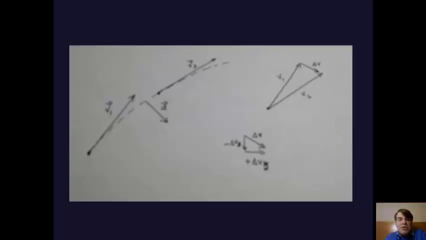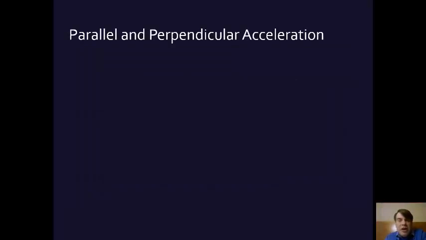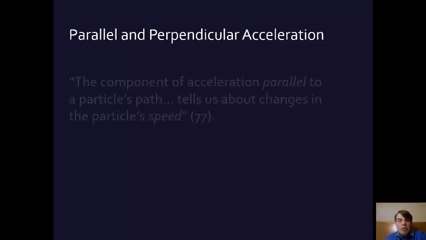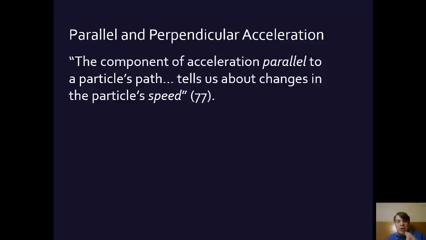So let's talk about the components of acceleration and how they function. The parallel component of acceleration is the part of the acceleration that's going in the same direction as the velocity. It's parallel, as it were, to the direction of the velocity.